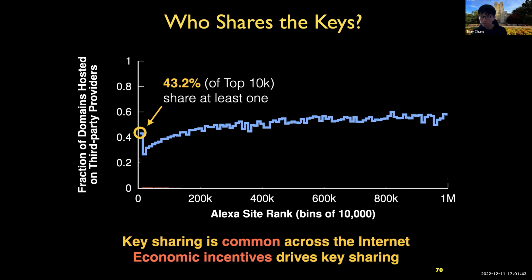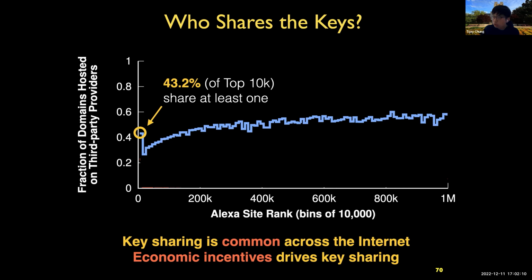We believe this interesting observation is because the most popular websites clearly have an incentive to use, for example, CDNs to serve their content to global users. And the least popular websites just do not need to purchase physical servers, and they don't need to manage them on their own.